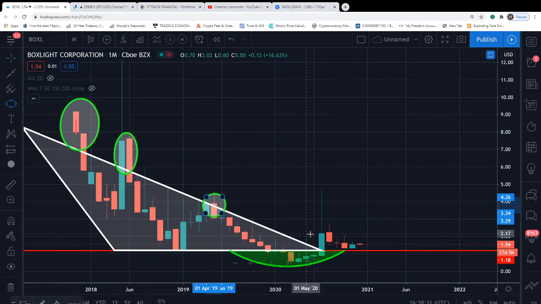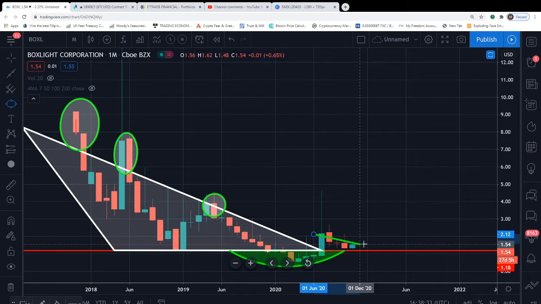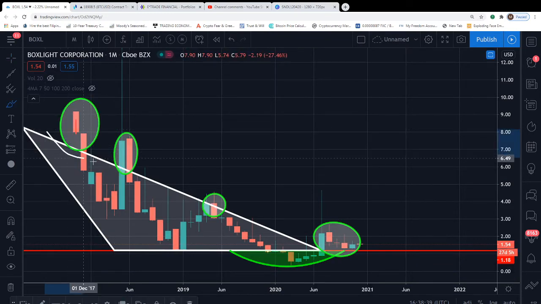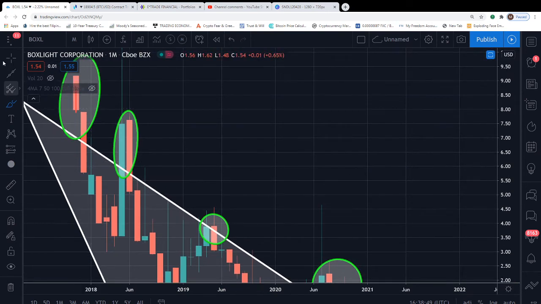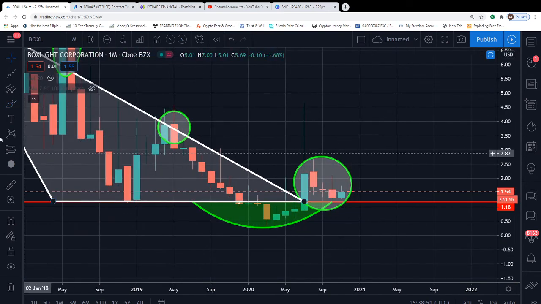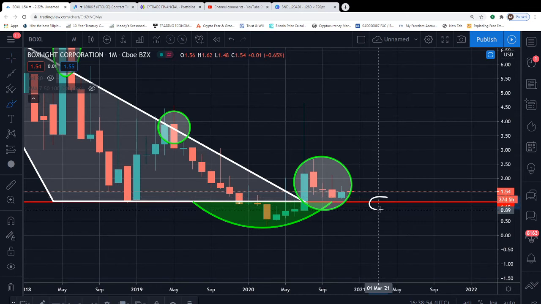And now in the present day, we actually have six monthly candles to close not only above this resistance line here, but above this red line down here, this potential support level.